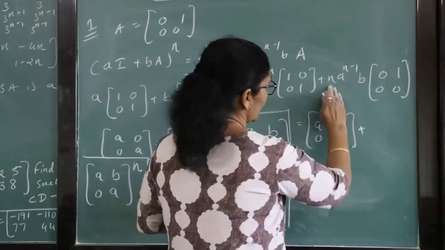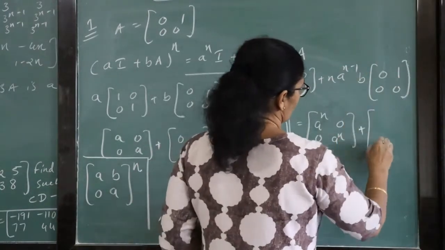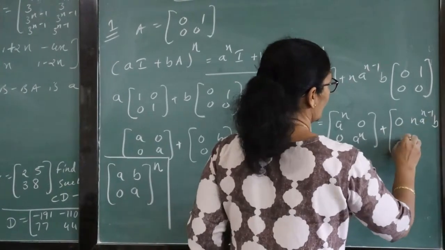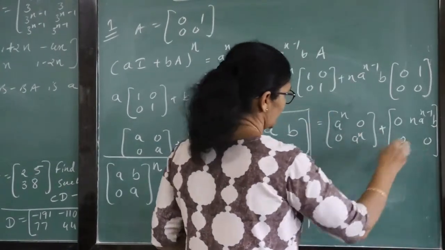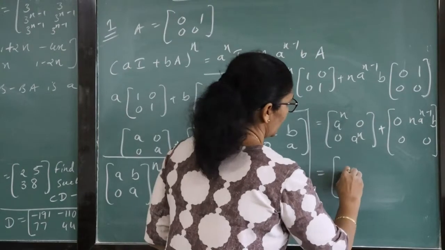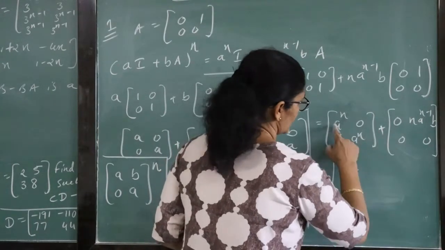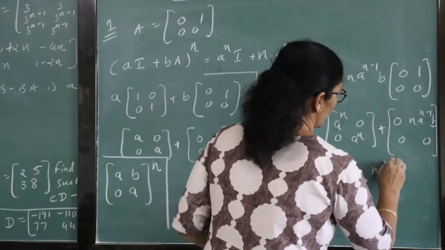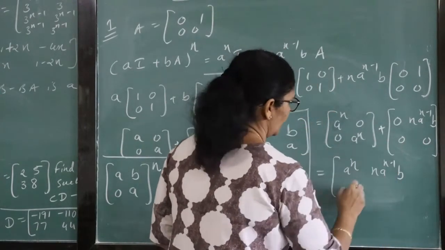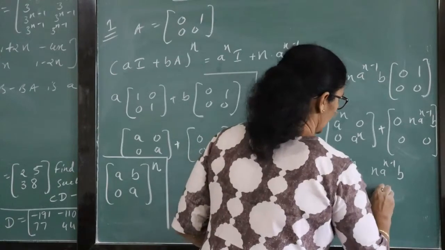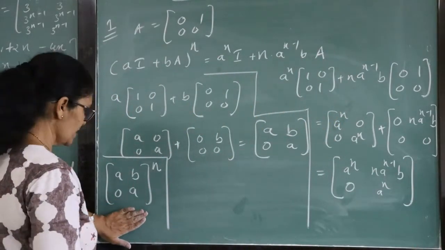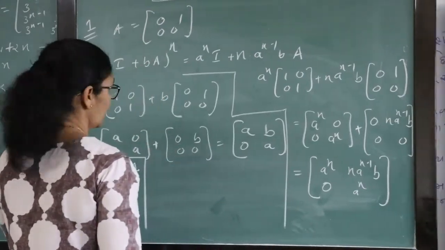Similarly, here we take the full term inside, so [0 n a^(n-1) b; 0 0]. Now let's add it. We get a^n, then 0 plus n a^(n-1) b, then 0 plus 0, and a^n. Now what do we get as a result? You have to show that this and this are both equal.